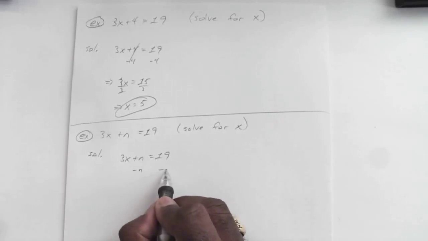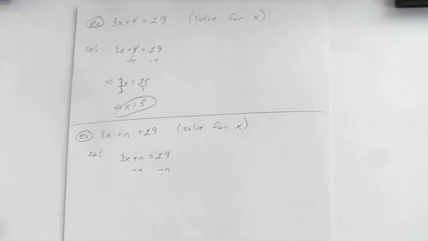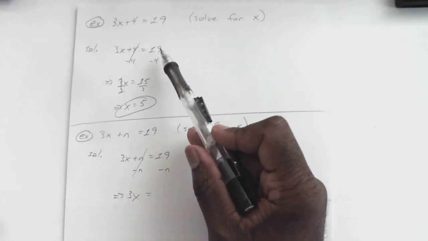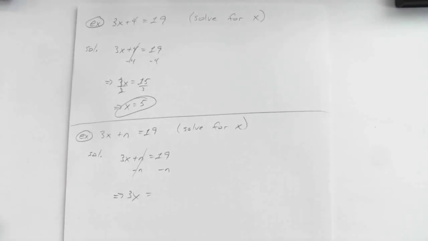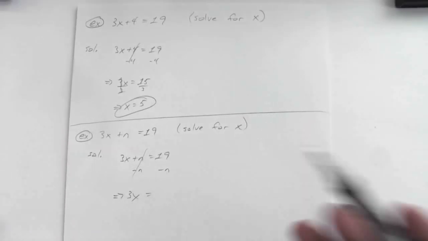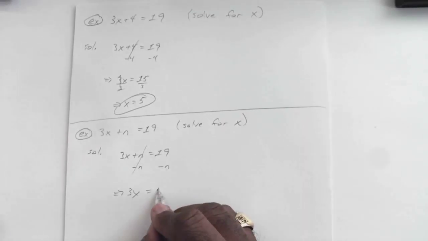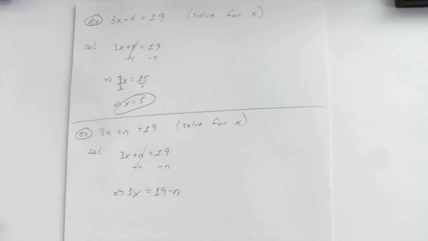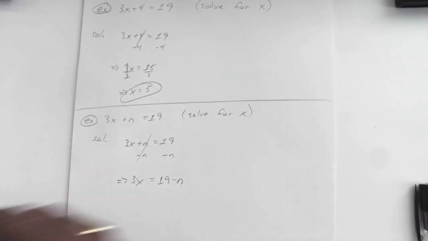So you subtract n from both sides. Before, we subtracted 4. This time, we get rid of the n, where those two cancel each other out. That leaves you with 3x equals, and we could combine 19 minus 4, but we can't do it with 19 minus n, so we just leave it as 19 minus n.